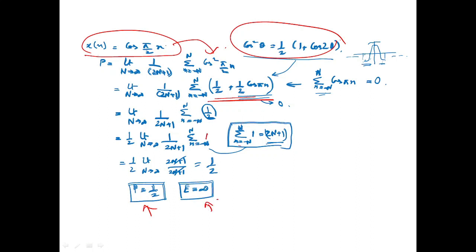Energy is infinite because it is a cosine function, and the power comes out to be half. So it is a power signal. Another important case: this cos pi n summation from n equals minus N to N is basically 0, so this component has not been used in the subsequent sections.